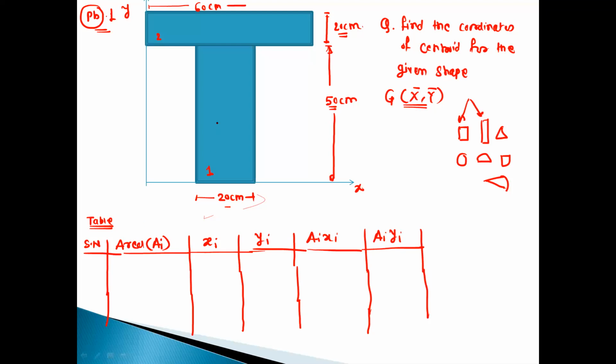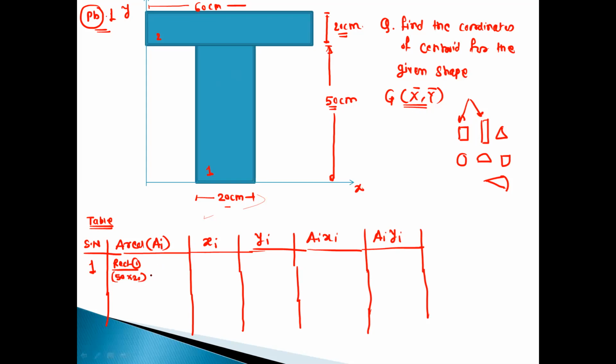Okay. So now we have divided this given geometrical object into two shapes. One is the rectangle. So first is rectangle 1. Its dimension is 50 by 20 centimeter.